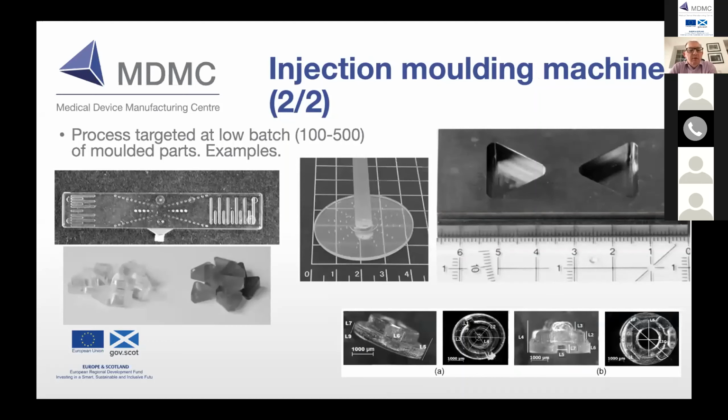They range from micro gears to lab-on-a-chip devices, and so on and so forth. The idea is to have those facilities for SMEs to trial their prototypes. The idea is to go to low batches between 100 and 500 parts being manufactured.